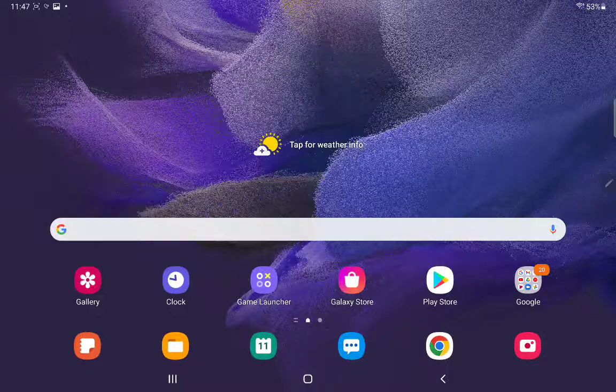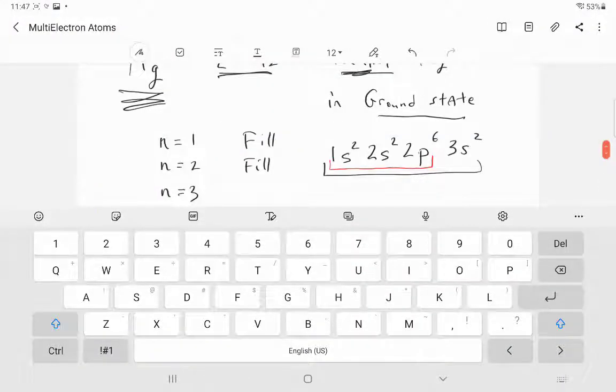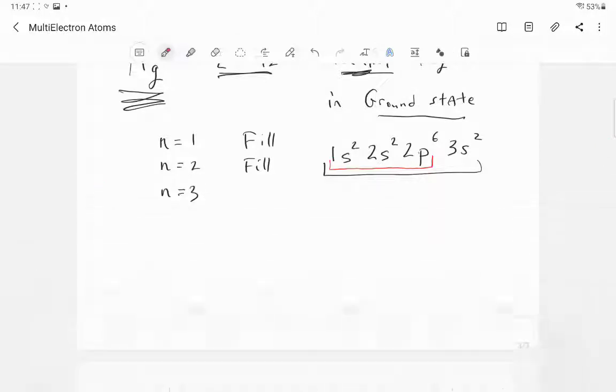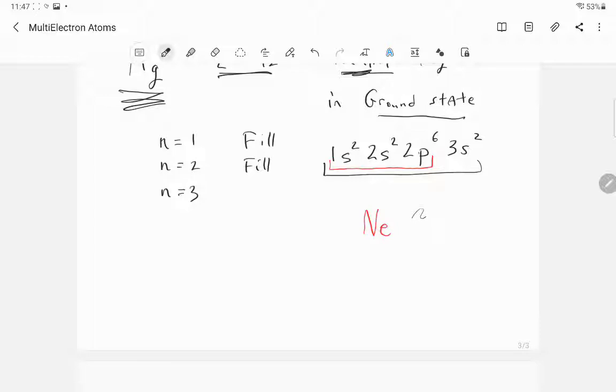And this actually offers a really nice, tidy, efficient way to do spectroscopic notation. So here is the neon ground state electron configuration. And to finish, I'm just going to tack on the fact that we also added 2 more electrons in the n equals 3, L equals 0 subshell.